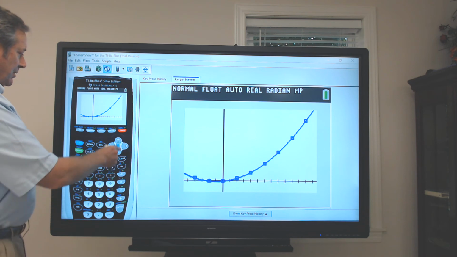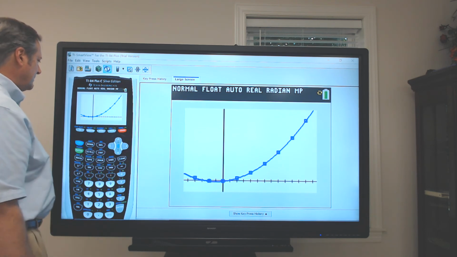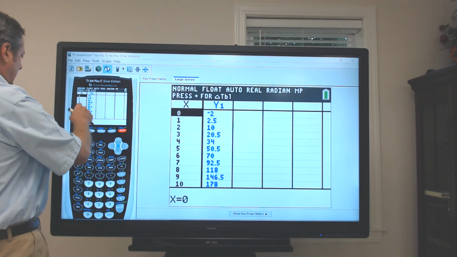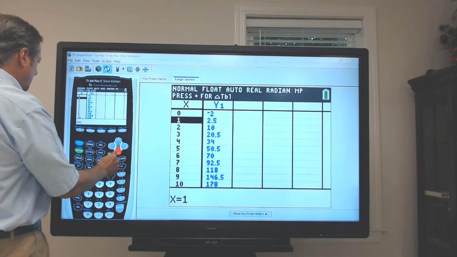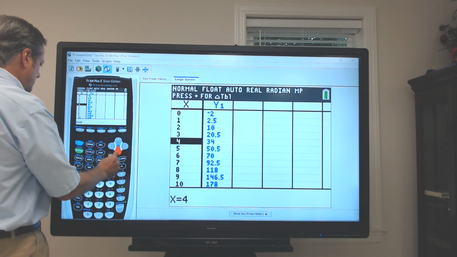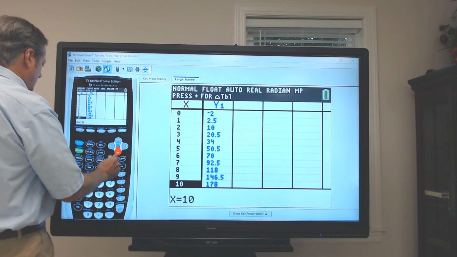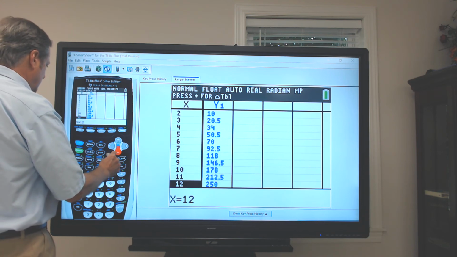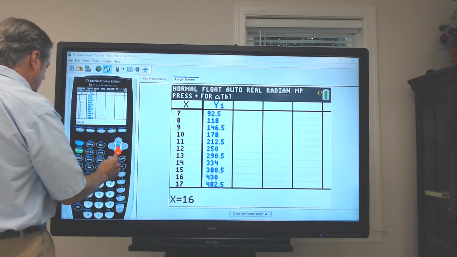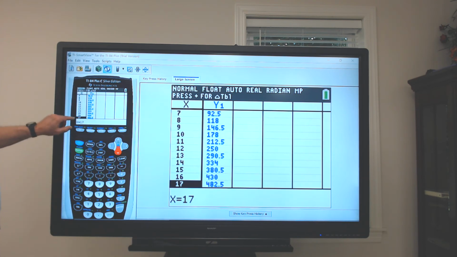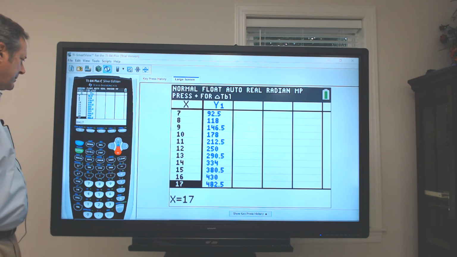So what do? Well, go look at the table. It's in blue, so go second table. And we're going to scroll down till we get to 17. Well, it's taking longer than I wanted it to. All right. So when x is 17, the y value we would predict would be 482.5.